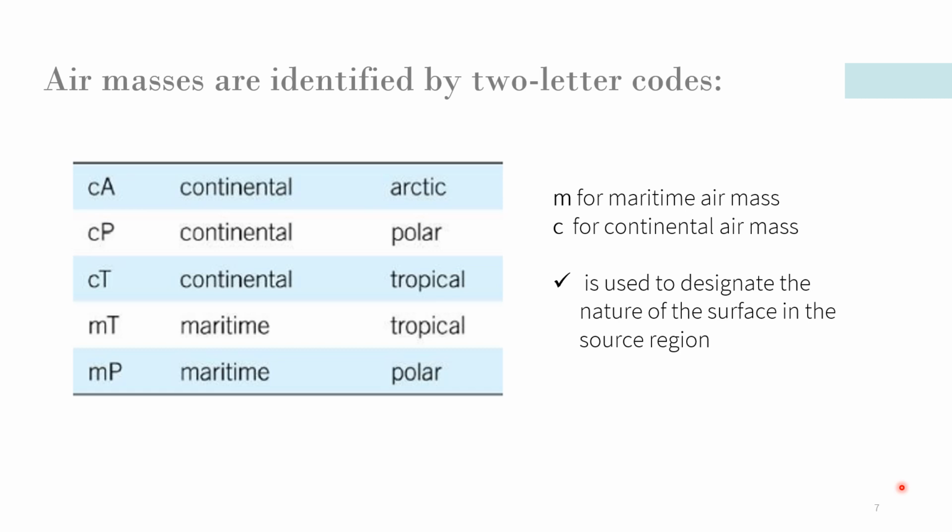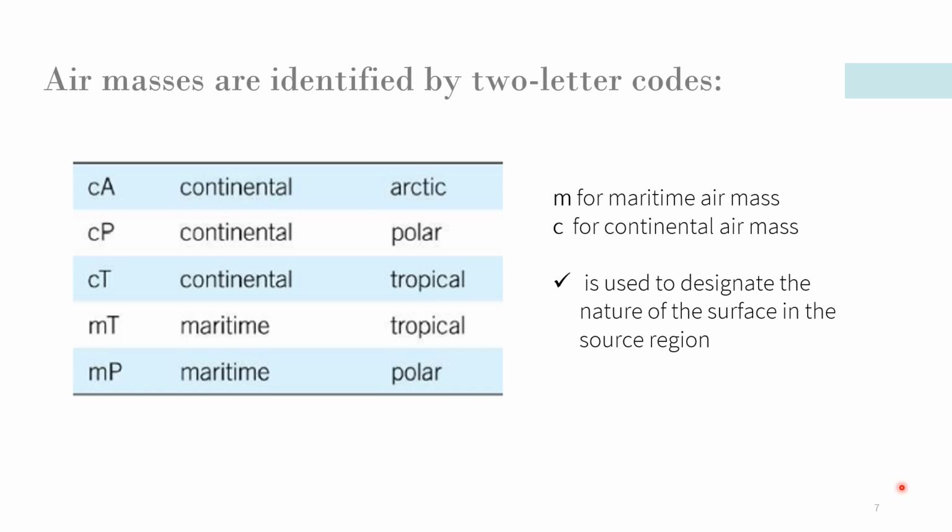And if you notice, the list does not include mA, because unlike the continental Arctic, we don't have the maritime Arctic, because maritime Arctic is very seldom formed.